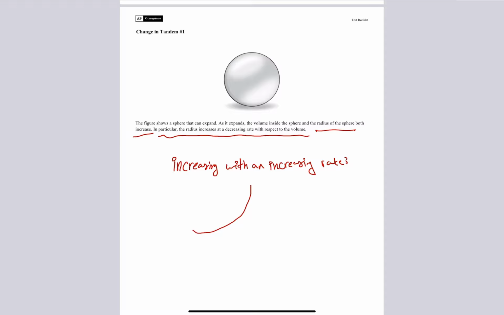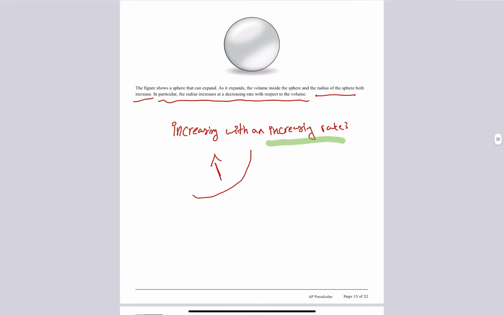Concave up. How do I know? Not because of the first word, but because of the second. Increasing rate means concave up. All good? Now, what if it's decreasing with an increasing rate?